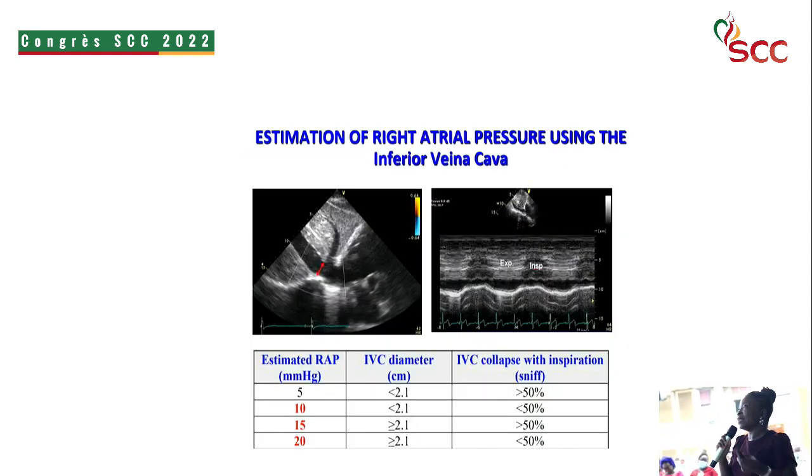The right atrial pressure can be estimated from the inferior vena cava. Depending on how dilated it is and the respiratory variation, 5, 10, 15, or 20 millimeters of mercury are added to what you get from the TR regurgitation jet.